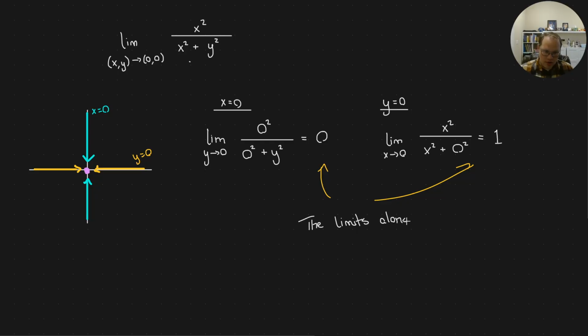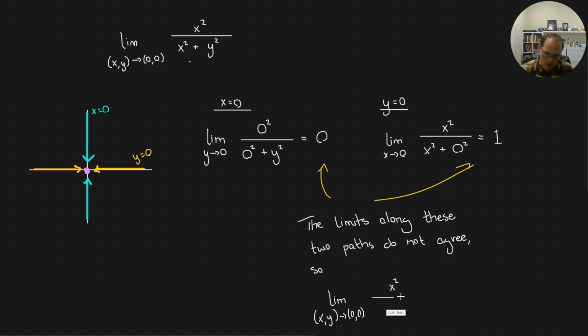The limits along these two paths do not agree, so the full limit as (x, y) approaches (0, 0) of x squared over x squared plus y squared does not exist.